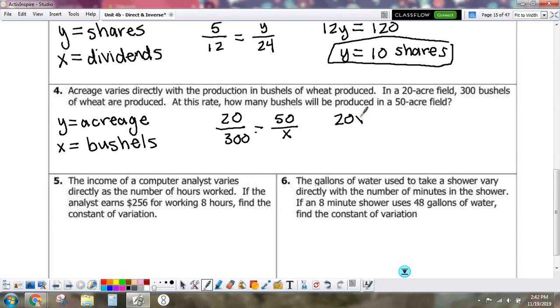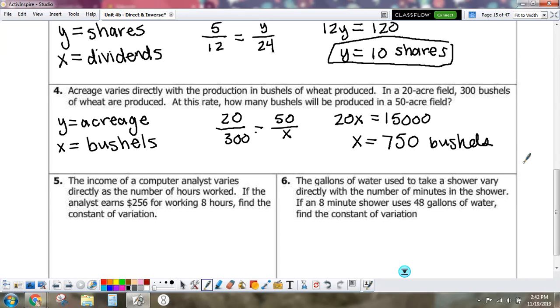Cross multiply. Divide. You should get 750 acres. Oop, nope, bushels. Oops. My bad.